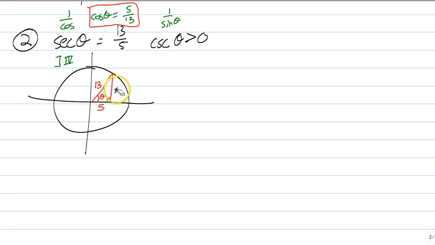So 5 squared plus y squared equals 13 squared. And we have y squared equals 144, y equals 12. Hopefully you guys remember that 5, 12, 13 triangle. If not, you can always resolve for it. So now I have all, and it is positive because it's up in the y direction. So make sure you check that you have the correct sign for the one you solve for.